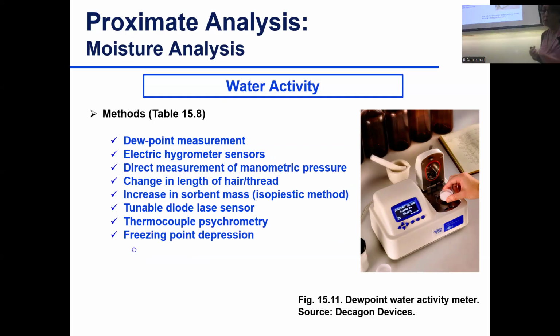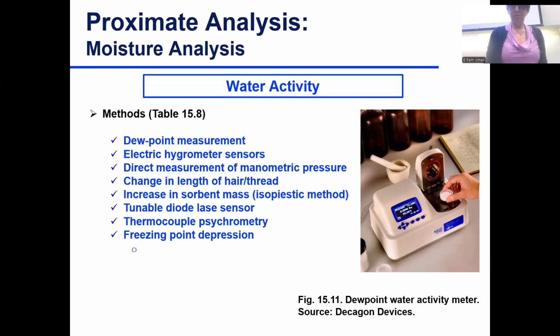It's very simple. You don't do much, but it's measuring the dew point. And this is a direct measurement. After you reach an equilibrium, you measure the water activity or the relative humidity at equilibrium.